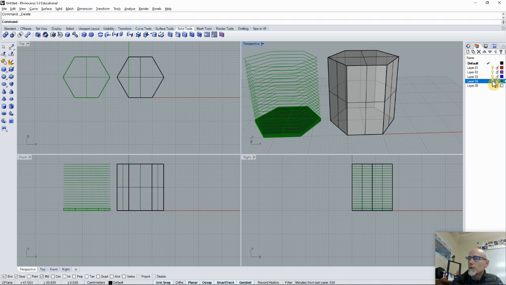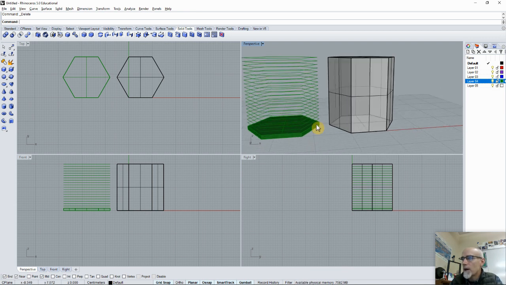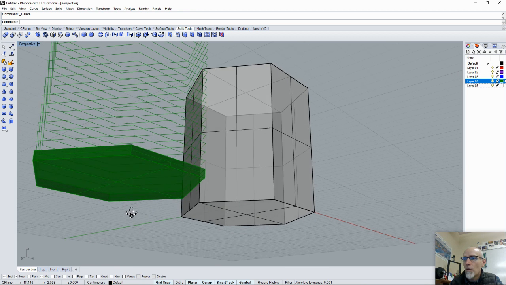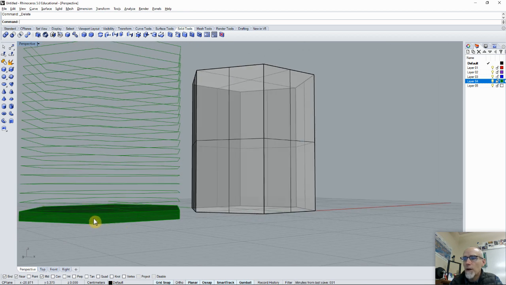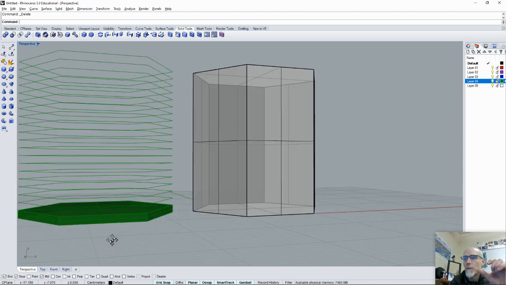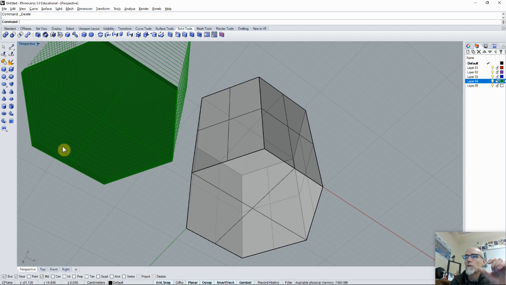So I dragged the whole thing over. And then what I did is I just highlighted the bottom layer. So let's zoom in on this guy right down here, this bottom layer. So what is the height of this layer? It's 1 centimeter tall. And then if I could figure out what the area of the hexagon is, right?